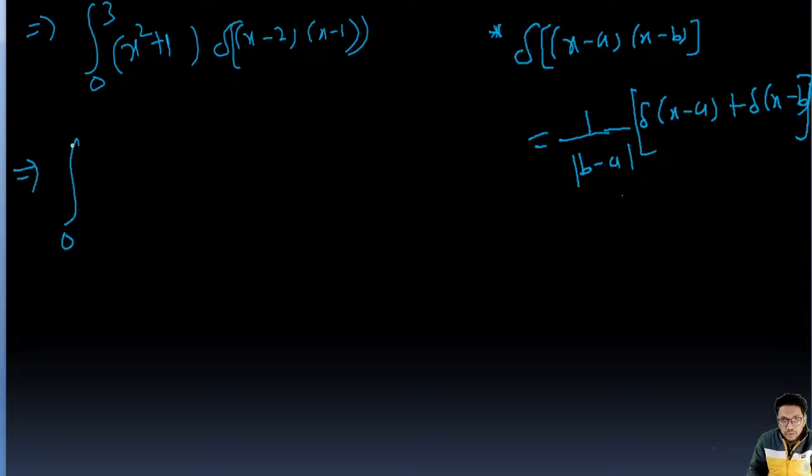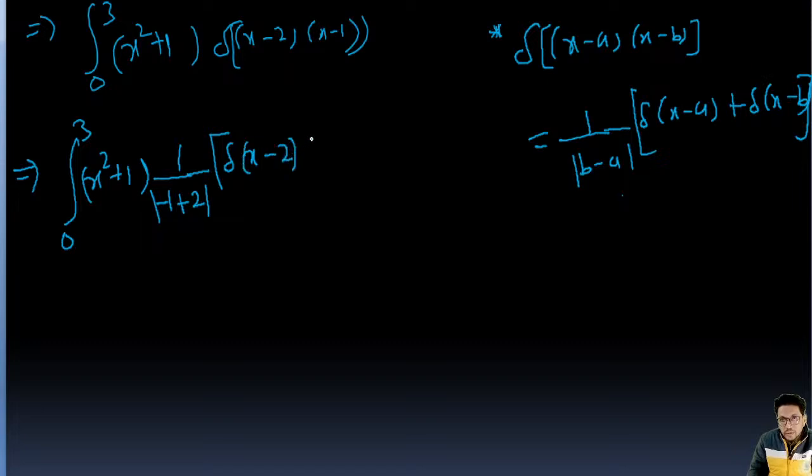Okay, so this is going to be 0 to 3 x square plus 1. Okay, so this is going to be 1 upon minus 1, so minus 1 minus minus plus, okay, 2 mod. And this is going to be del x minus 2 plus del x minus 1.